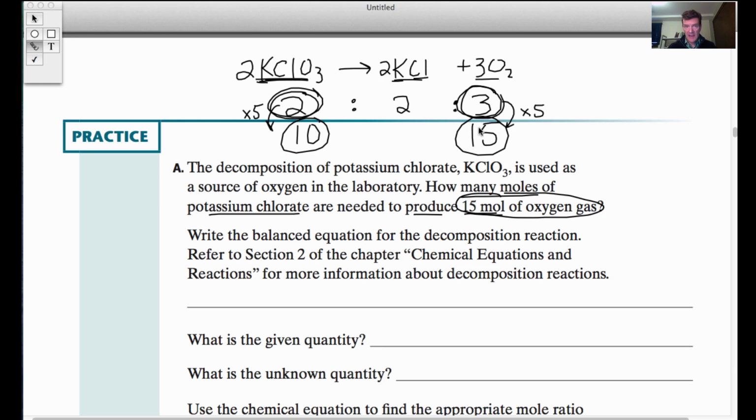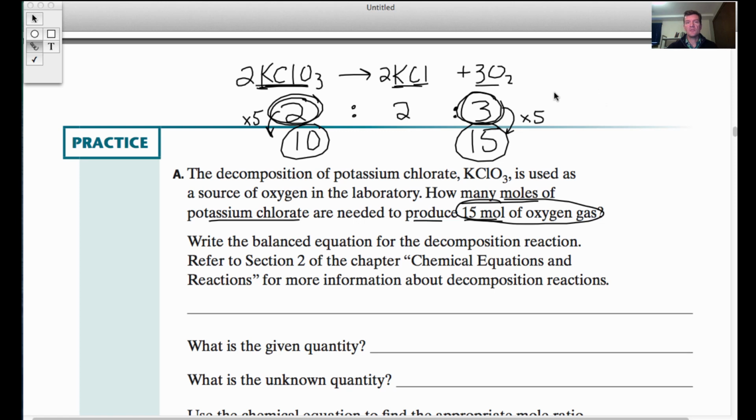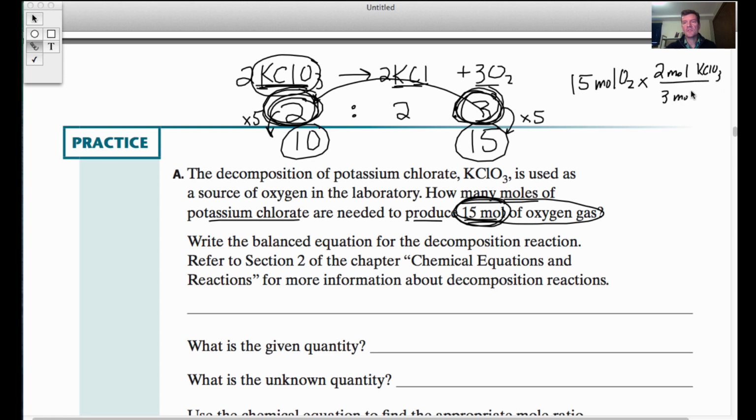Now again, mathematically, here's the calculation you can do. You would take this 15 moles of oxygen, which is given to you, and you want to go back to the moles of potassium chlorate. So what is the ratio that you must stay in? You have to stay in a 3 to 2 ratio, or a 2 to 3 ratio, because I'm going to multiply by 2 moles of potassium chlorate over 3 moles of oxygen.